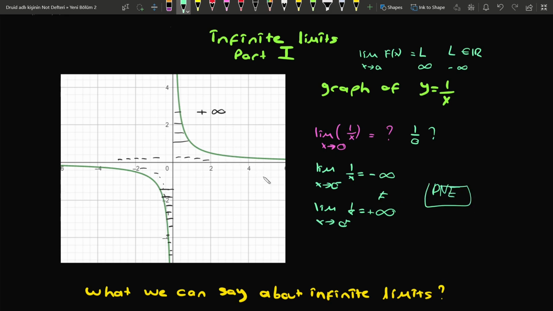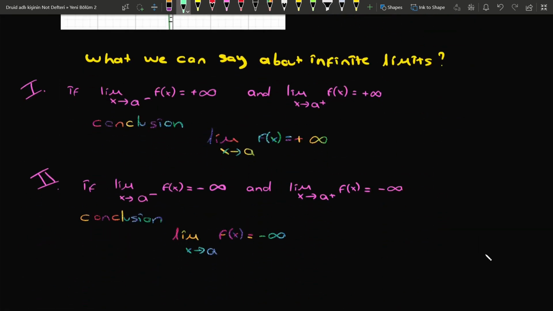So, what can we say about infinite limits then? We will say two things which are really similar to each other. If the limits of f(x) as x approaches a from the left side and right side are both infinity, we will say that the limit of f(x) as x approaches a is equal to infinity.